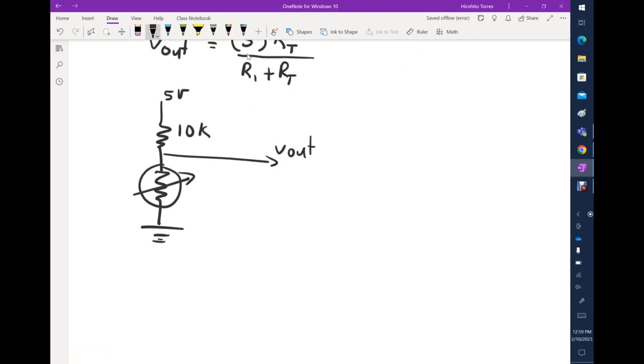So Vout is basically 5 volts times the resistance value that changes according to temperature, RT, divided by 10K plus RT.